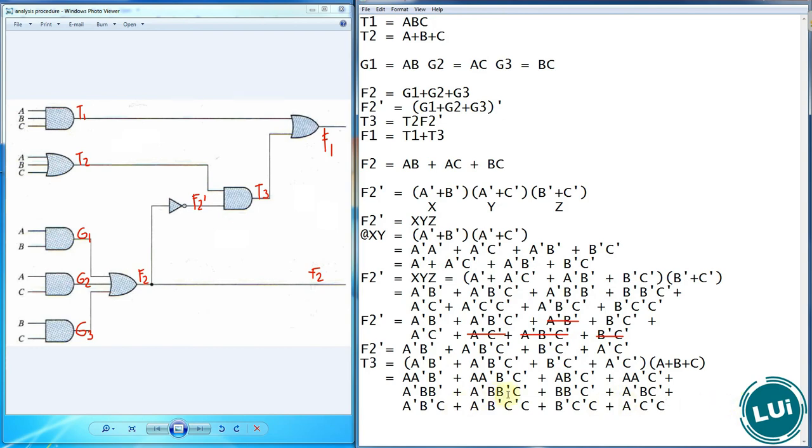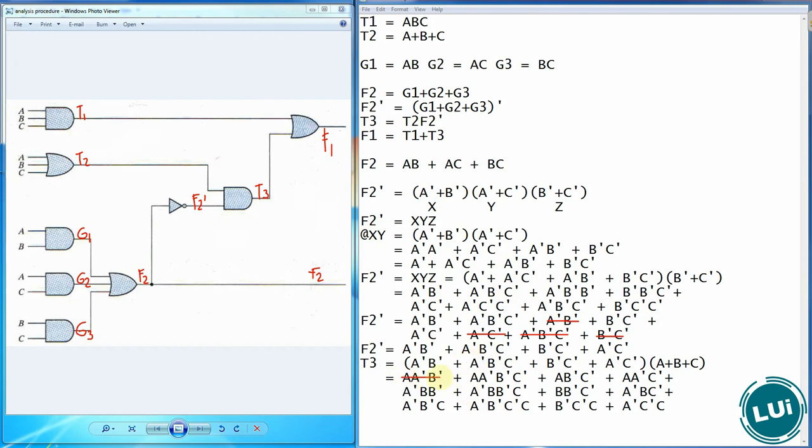Again, based on Boolean identity, the existence of a variable and its prime in the same expression makes it equal to 0. So x and x prime is 0, and 0 and any variable is equal to 0. If a prime and unprime variable exist in the same expression, then that entire expression will be equal to 0.